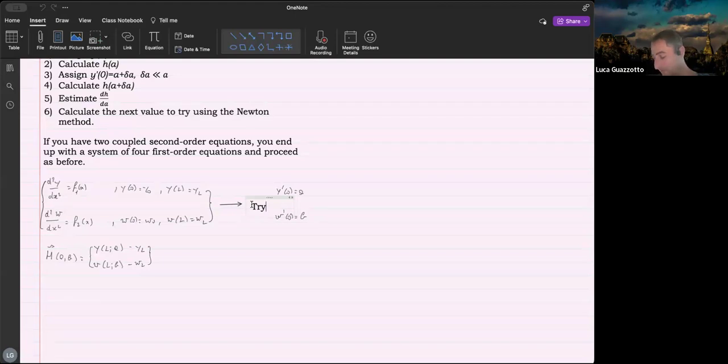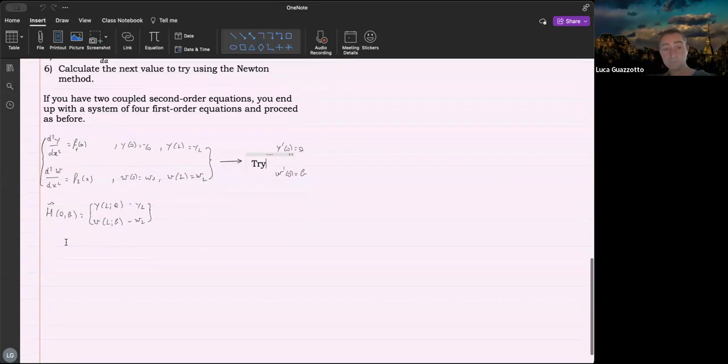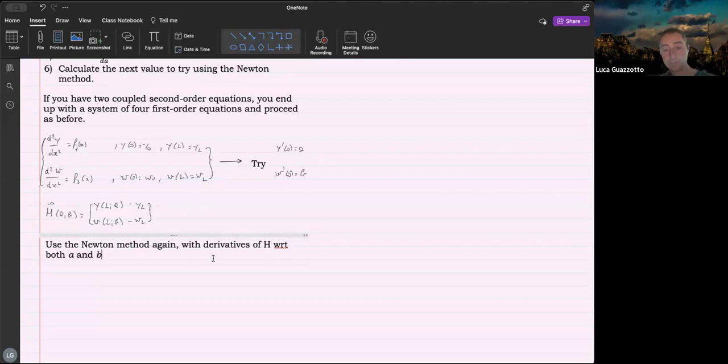But if not, normally what you do is use the Newton method, with derivatives of big H with respect to the two parameters, the two guesses.